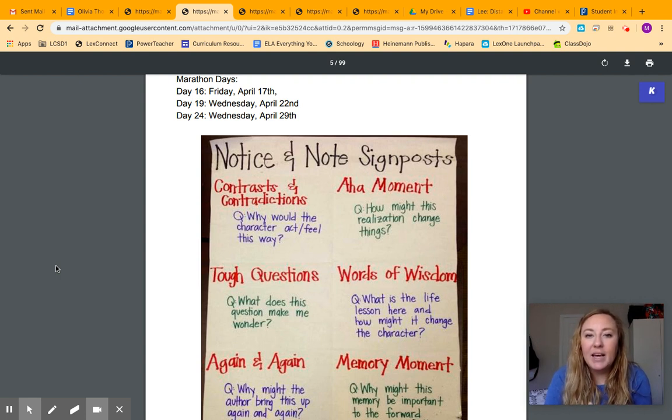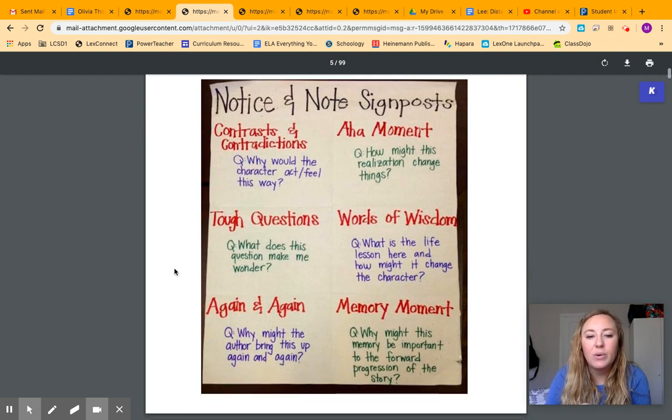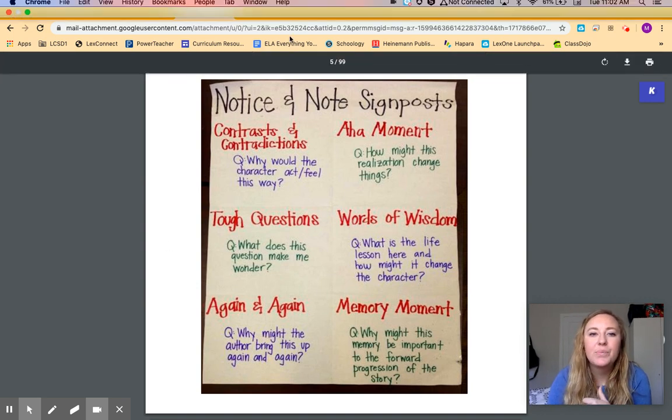Through your check-ins, I know what books you've been reading. Some of you are really close to the end of your book, so you might be starting a new book. You might be finishing a book for part of those 45 minutes and starting a new book in part of those 45 minutes. That's fine as long as you're reading for a full 45 minutes and then answering one of these 6 questions. So go ahead and check out this chart and decide which one you are going to be focusing on when you're reading and answering.